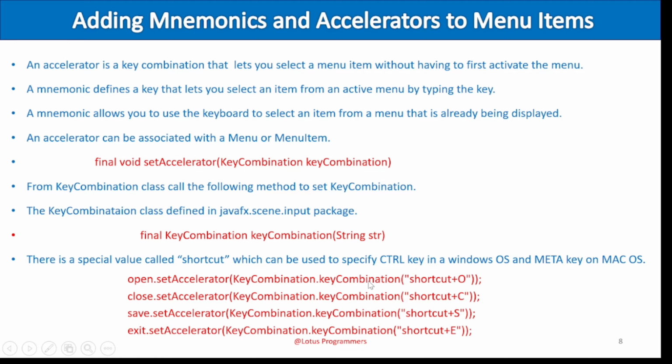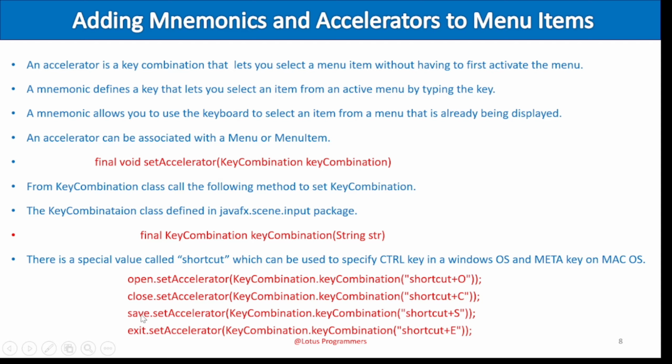The keyCombination method is a static method of the KeyCombination class, that's why it is called with the KeyCombination class name. KeyCombination.keyCombination, as the argument we are specifying the shortcut Ctrl+4. This means this open menu item is accessed through Ctrl+4 key. In the same way, the close menu item is accessed through Ctrl+C.